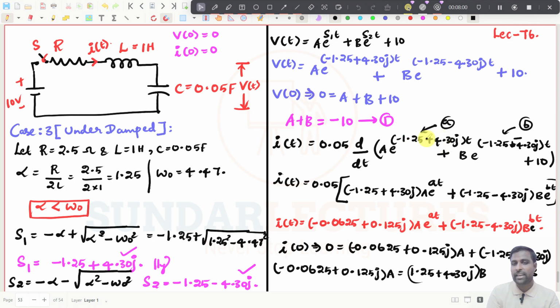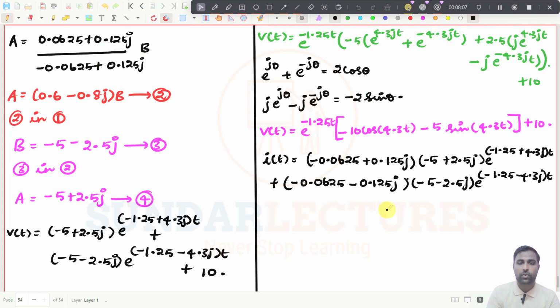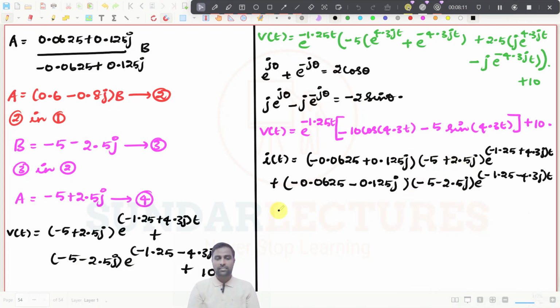And what is A here? This small a and small b have been substituted, and we know what capital A and capital B are, which we found here, and I have just substituted them. If you further simplify this, I will directly write down the expression, because I have no time to explain every step.